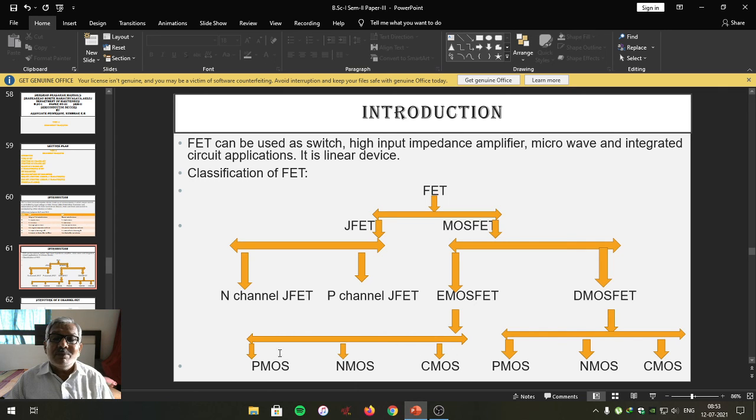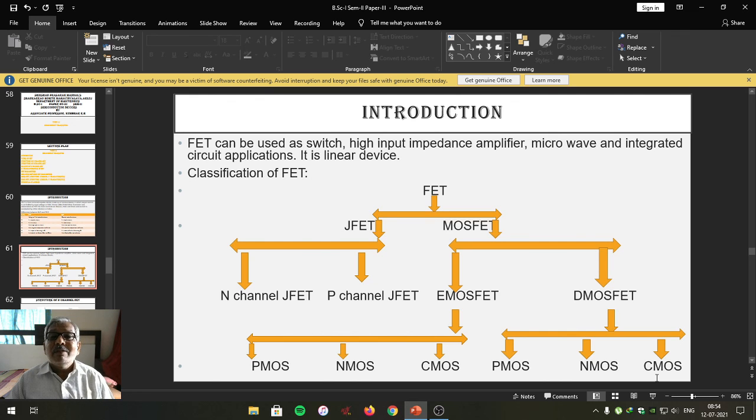C-MOSFET is a combination of P-MOSFET and N-MOSFET. Analogous to this, D-MOSFET is again classified into three types, that is positive depletion metal oxide semiconductor field effect transistor, negative depletion metal oxide semiconductor field effect transistor, and last one is complementary depletion metal oxide semiconductor field effect transistor.